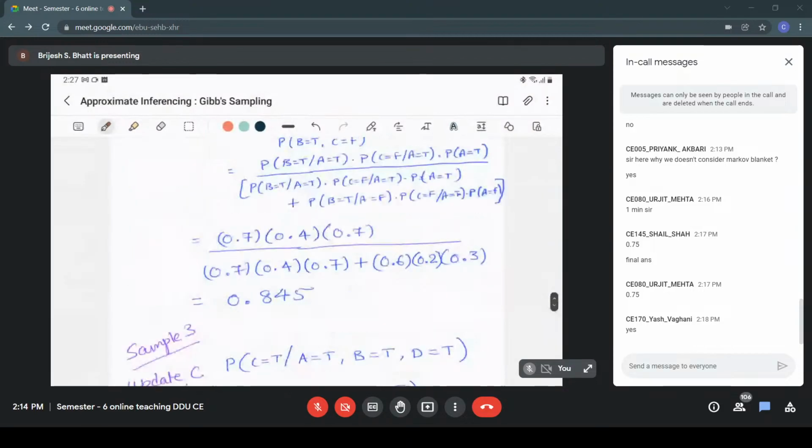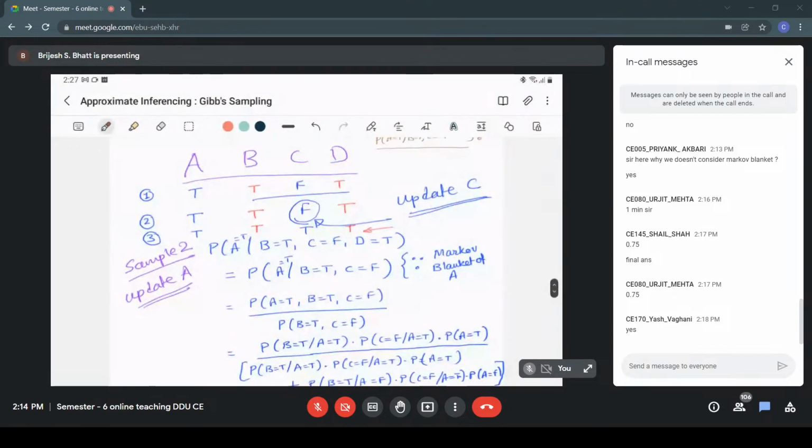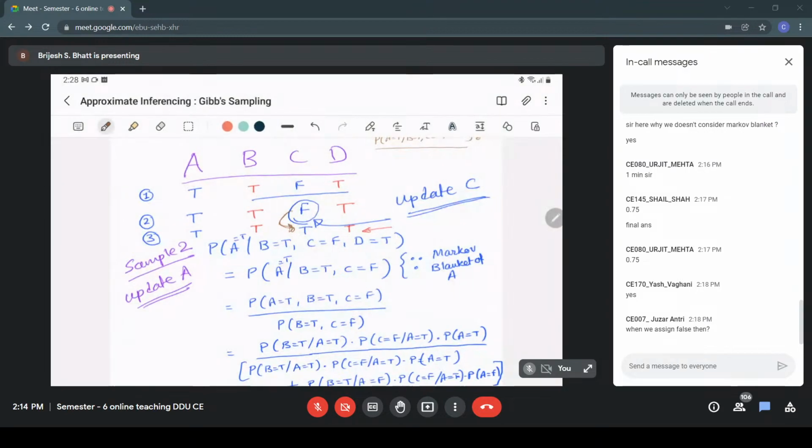So C becomes true. For the next sample, the value of C will change from false to true. Someone is asking about how we decide on false or true. Whichever probability is greater than 0.5 among the two outcomes, in the case of binary, will be assigned.